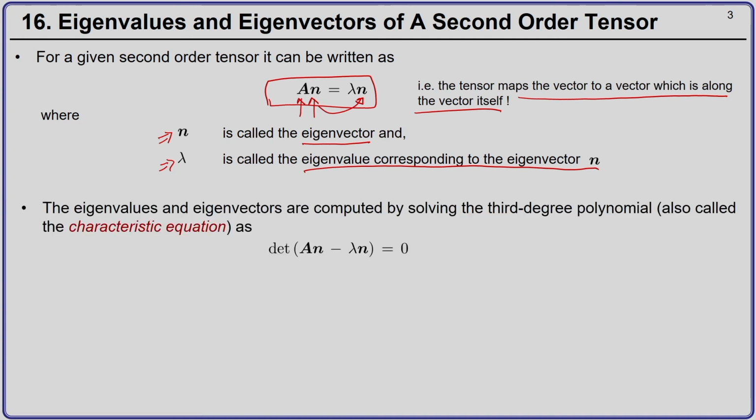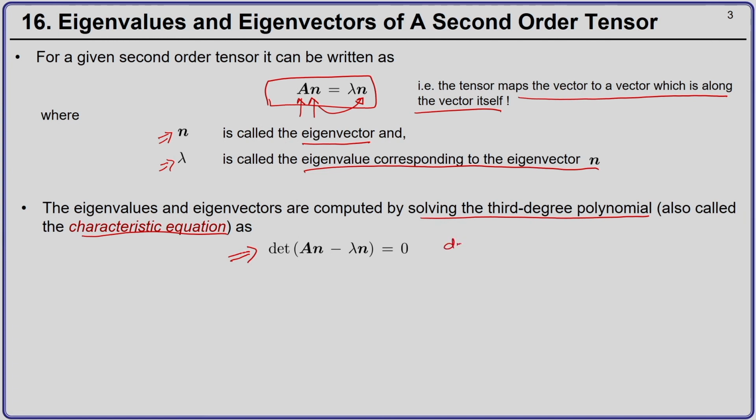So, how do you find the eigenvalues and eigenvectors of a second order tensor? You can find this by solving a third degree polynomial, which is also called the characteristic equation. This characteristic equation is obtained when you take the determinant of A n minus lambda n and set it equal to 0.